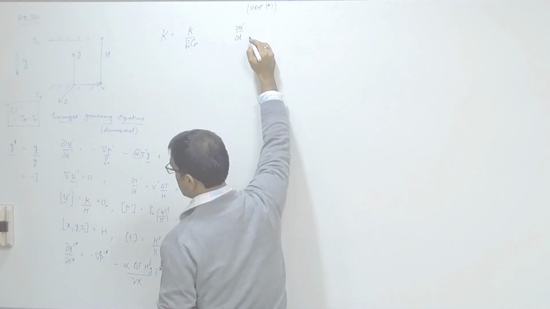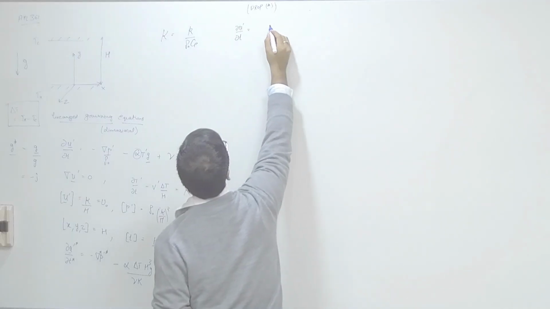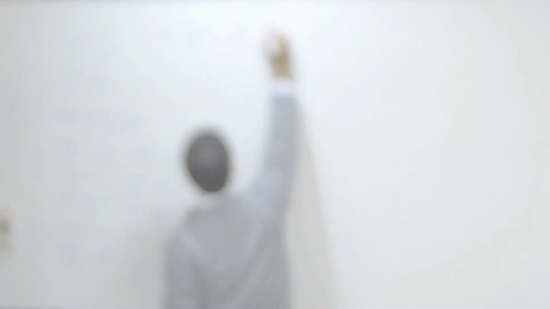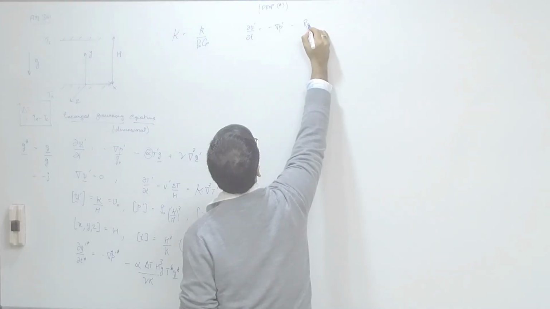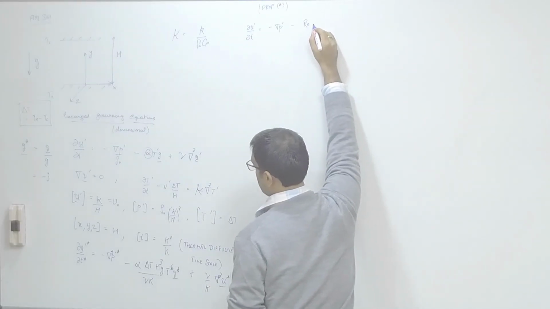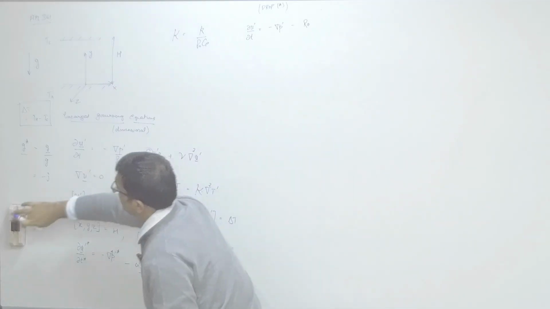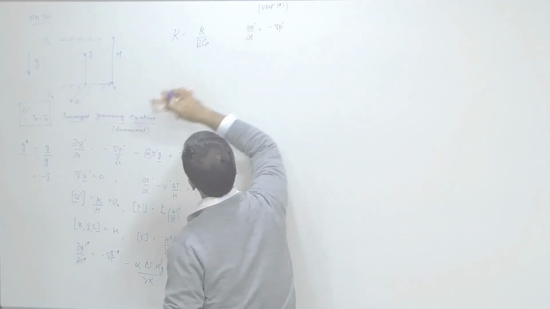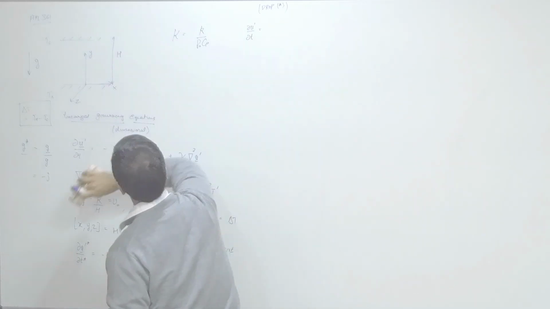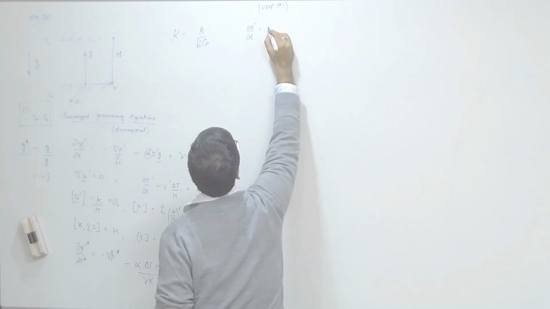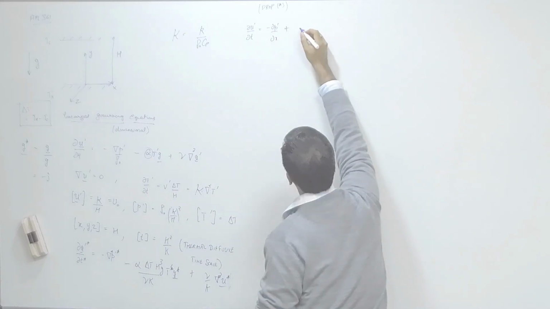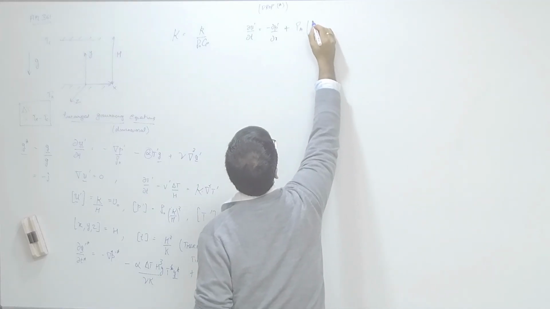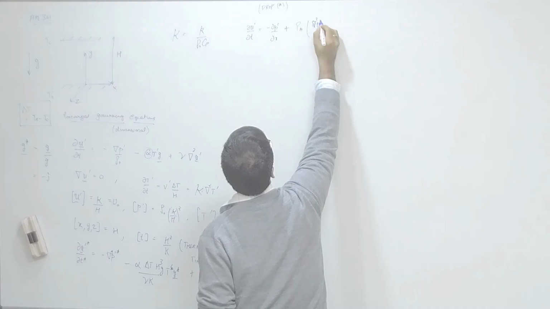Del u prime by del t equals minus grad of p prime minus the Rayleigh number times, actually the Rayleigh number term will not appear in the x momentum equation. So you have simply minus del p prime over del x plus Prandtl number del square of u prime.